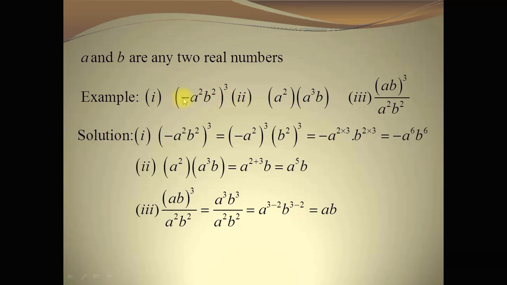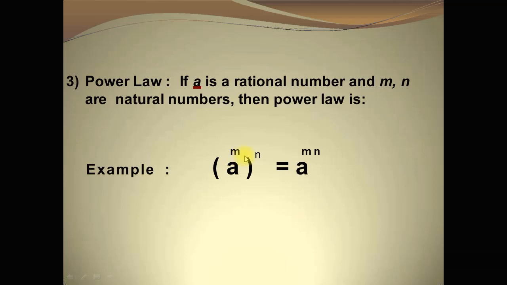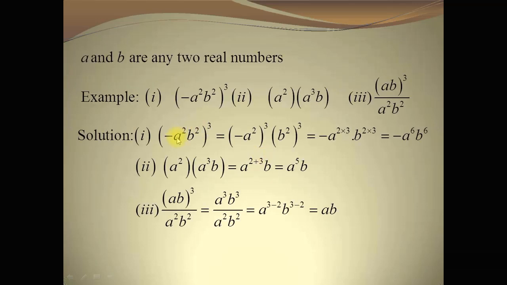For the solution of part number 1, minus a power 2 b power 2 whole power 3. How to simplify this expression? Using the power law, as we discussed in the previous slide, we multiply the two powers. For the base a, we multiply the powers, 2 multiplied by 3. But here the minus symbol means that we have minus 1 power 3.